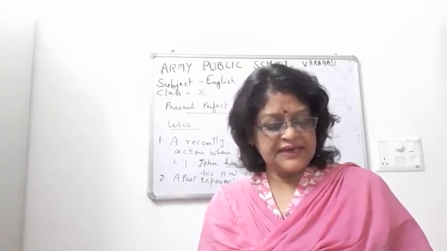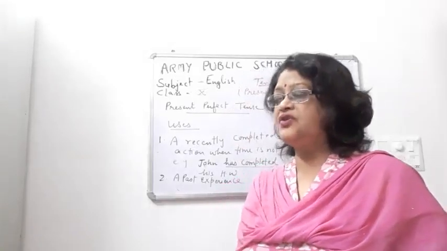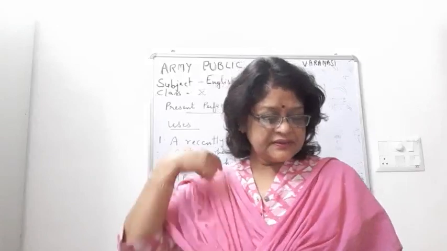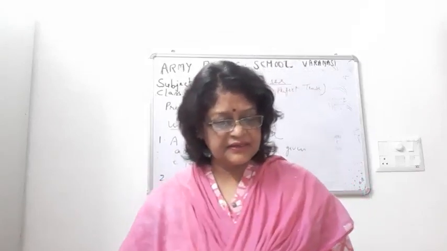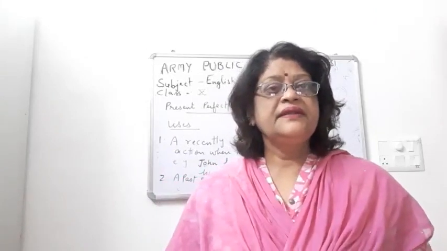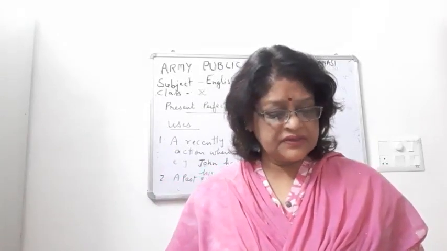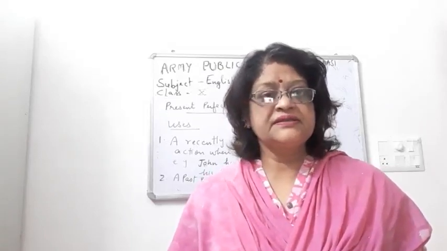Now the third is an action that includes some word like already, just, as yet, so far, recently, just now. If these words are there, then children, that tense will be present perfect tense.